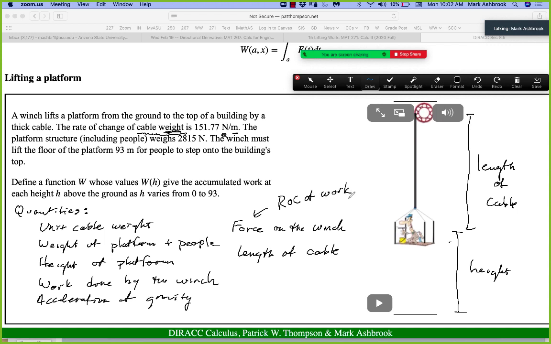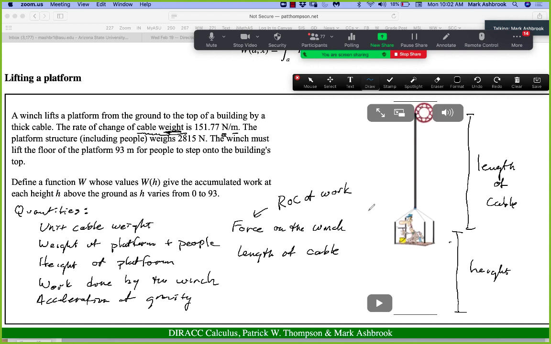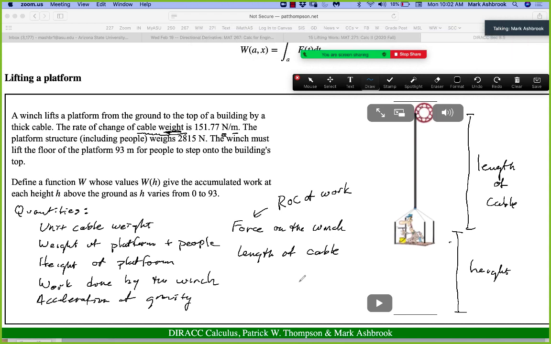Okay, let's see. Anything else that you think will be important here for coming up with our work function?